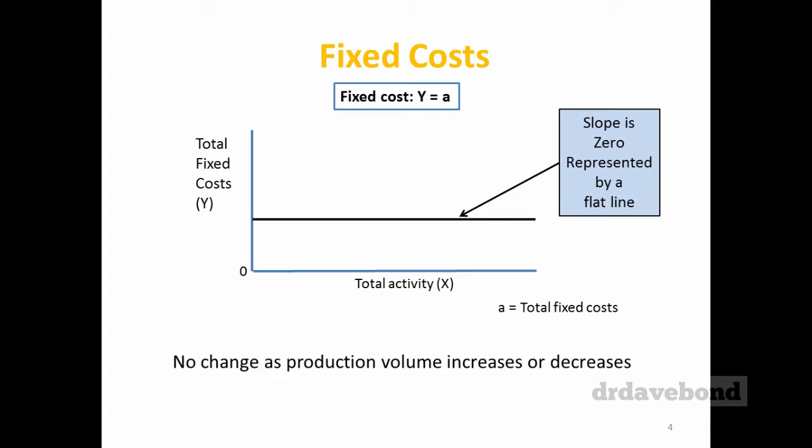So it's y equals a plus 0 times x, so it's just y equals a. So a is the intercept, a is the fixed cost. Actually, I'll just say that's your total fixed cost. That's what your a is. It doesn't matter if nobody turns up or 1,000 people turn up, that's going to be the same amount.